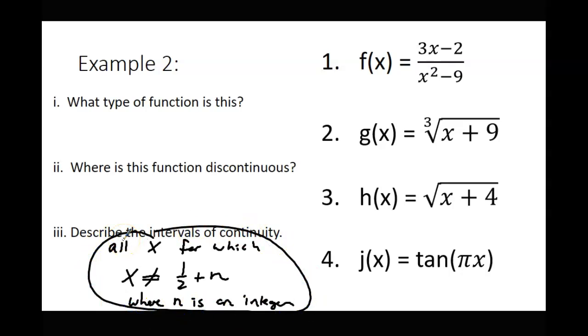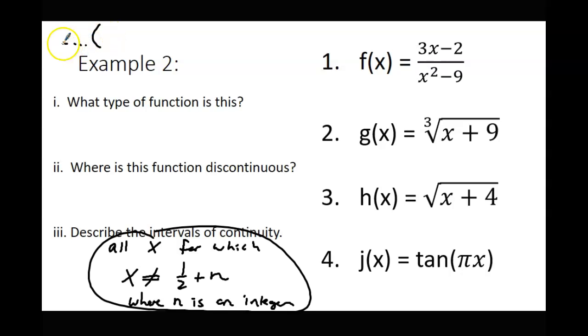Okay, so if it's discontinuous where x equals 1/2 plus n, it's continuous for all x where x is not equal to 1/2 plus n. We can't really write intervals because it's infinite. It never stops. I mean, you could do something like this if you wanted to.